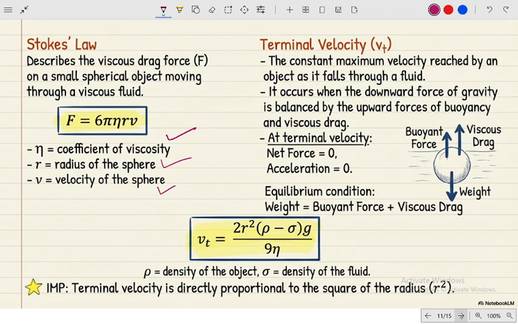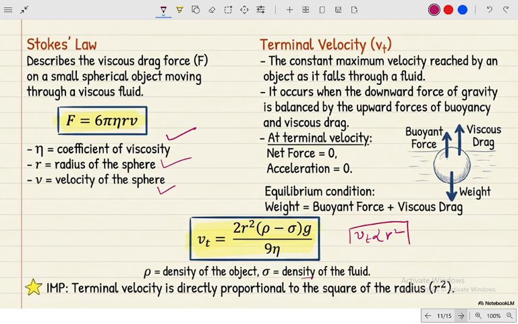There are two forces, one is buoyant force, another is viscous drag, and together they equal the weight. By this we find the relation Vt equals 2 r squared (rho minus sigma) g by 9 eta, where rho is the density of the object and sigma is the density of the fluid. So terminal velocity Vt is directly proportional to the square of the radius.